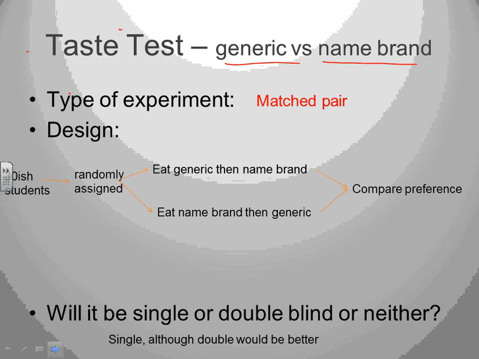So what should we do if we want to test, do people prefer generic brands or name brands? Sure, maybe we should try to test other things that are generic or name brand. That's a good idea. Maybe we test other things and then we can see, oh, maybe it's just the Fruit Spins that people don't like, but other generics are good.